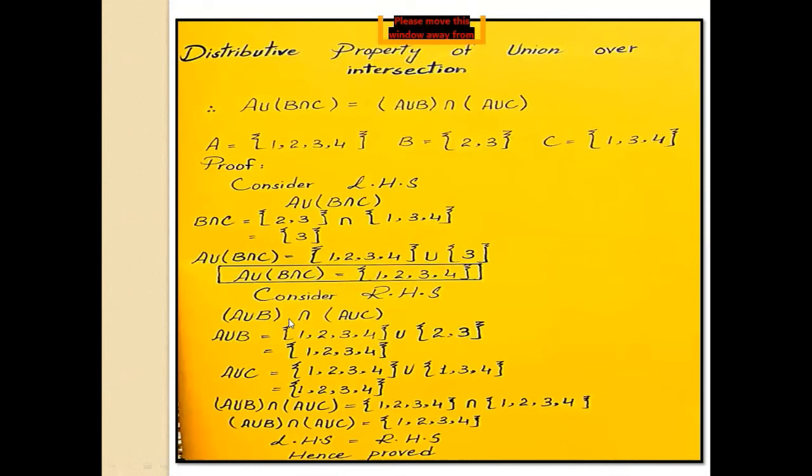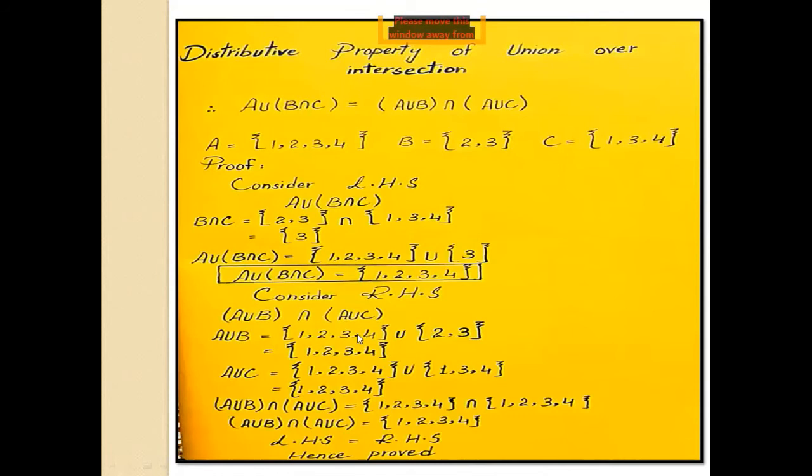Now consider the right hand side, (A union B) intersection (A union C). In this right hand side there are two brackets, A union B and A union C. First we will find A union B, then A union C. First A union B: write the elements of set A, that is 1, 2, 3, 4, union the elements of set B, that is 2, 3.